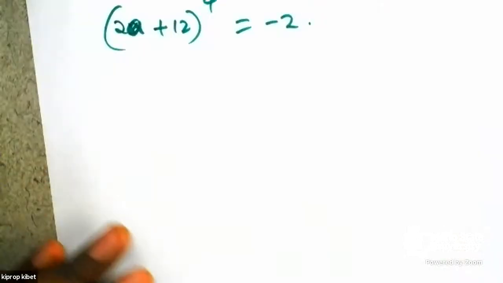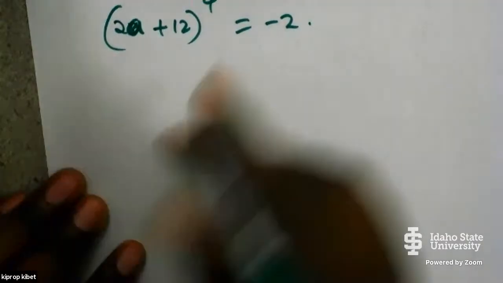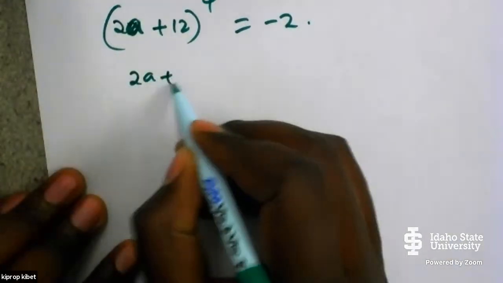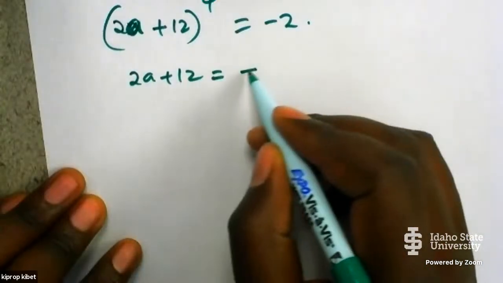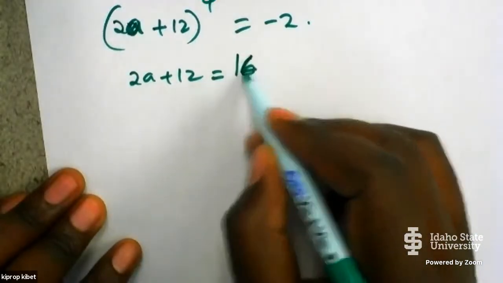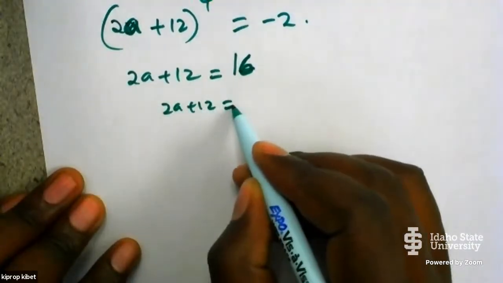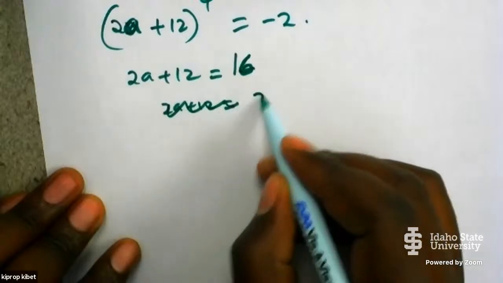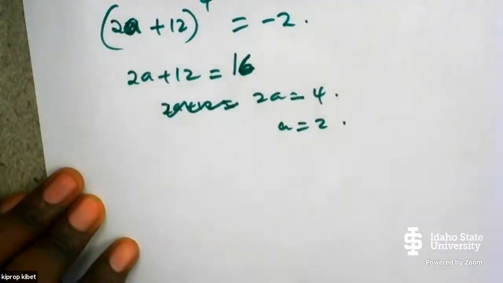Again, the same thing. When you raise to 4, you get 2a plus 12 equals minus 2 to the power 4, which is 16. So 2a equals 4, so a equals 2.